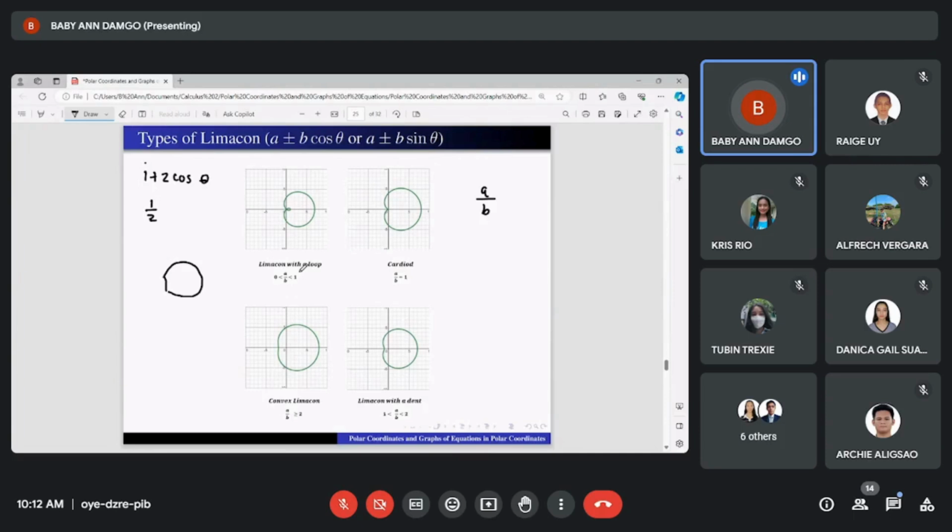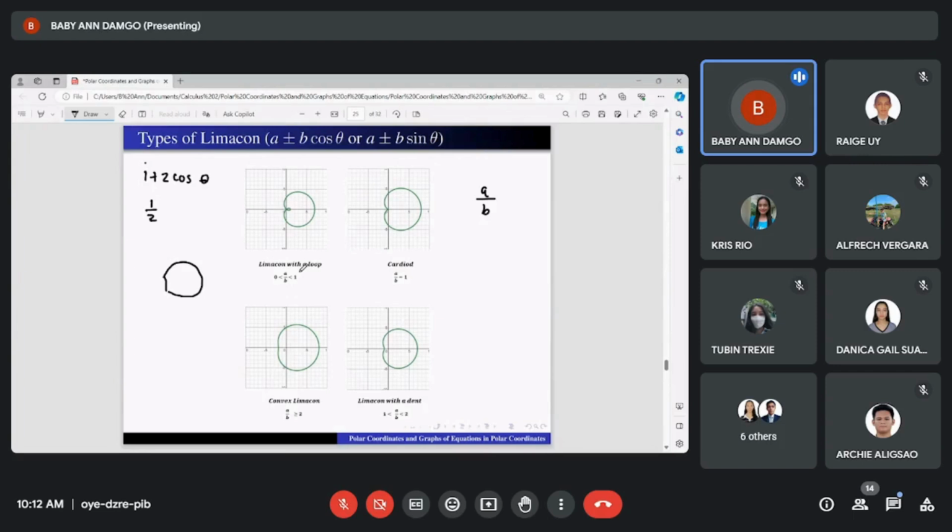Okay. So if we have an equation R equals 1 minus 2 cosine theta. Okay, so unsa may iyang graph? Limason with a loop, ma'am.